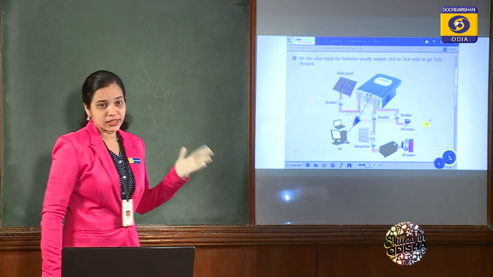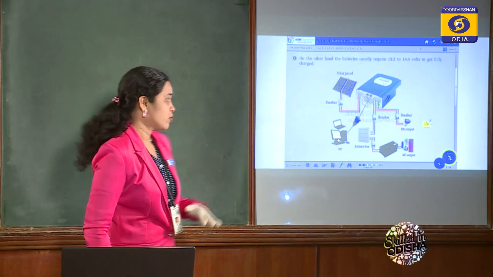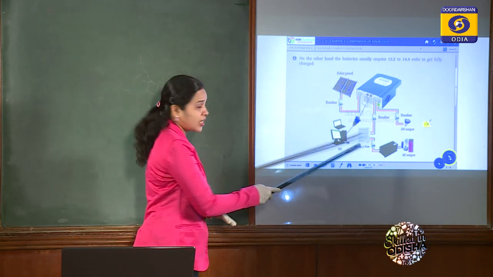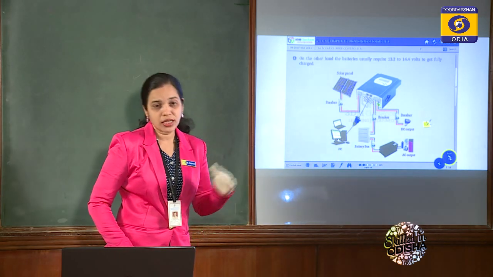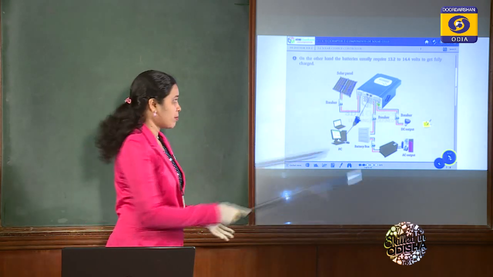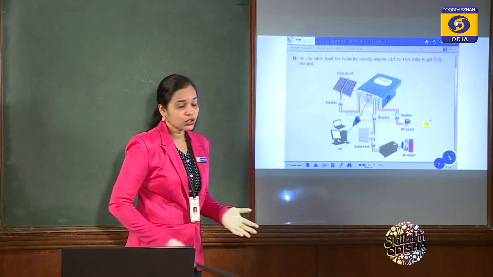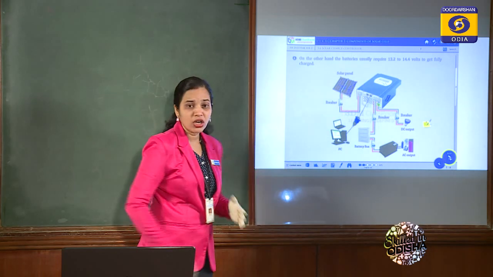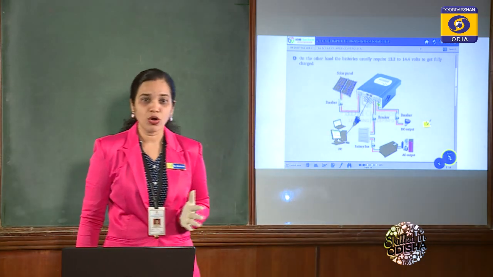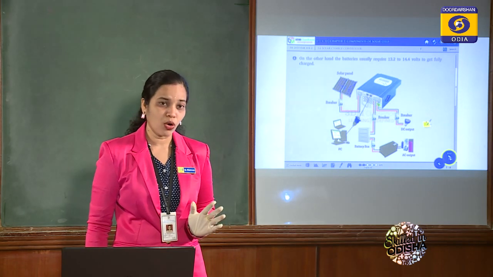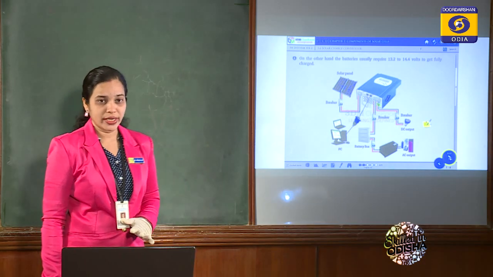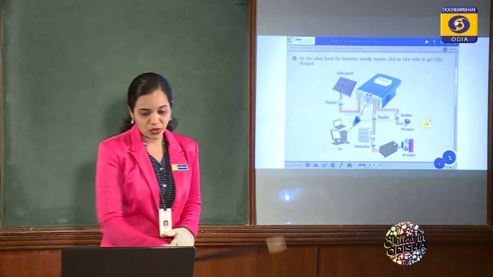So more chances are there for reverse flow, where the voltage may flow from the battery in the direction of the panel. So the charge controller does not allow the reverse flow of the voltage, and it protects against it.